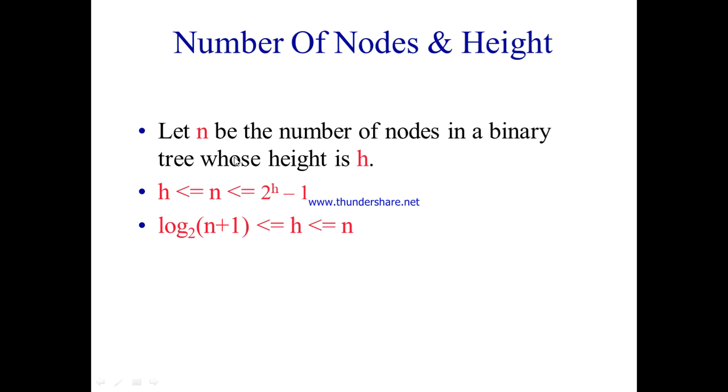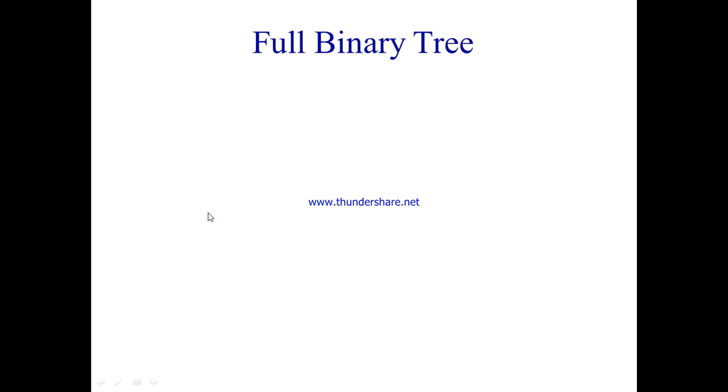This is when I am taking neither the minimum nor the maximum. The minimum number of nodes is h, the maximum number of nodes is 2 power h minus 1, and n is between them: h is less than or equal to n is less than or equal to 2 power h minus 1. This is the maximum, this is the minimum. So the number of nodes will be between these values, so that you can remember, right?